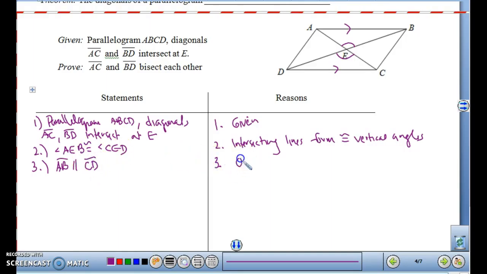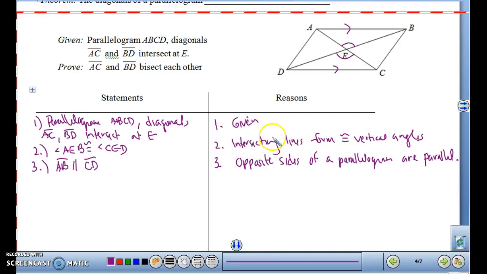So we know that opposite sides of a parallelogram are parallel, not equal, parallel.